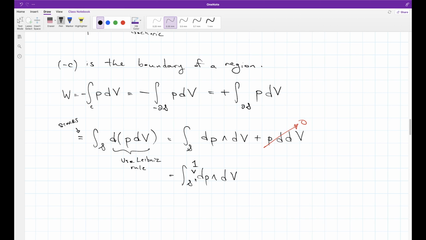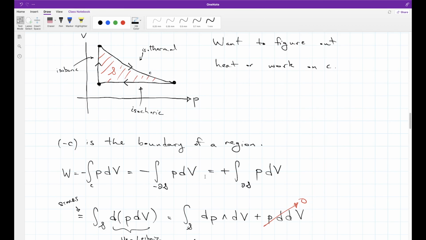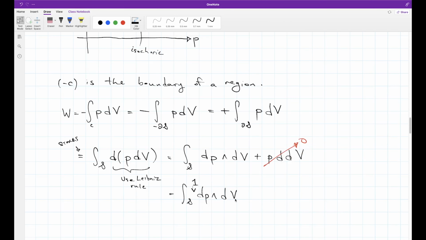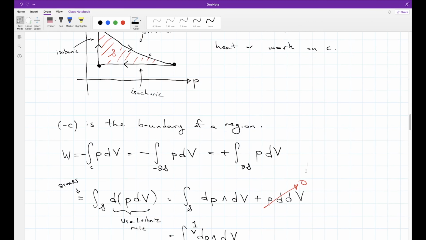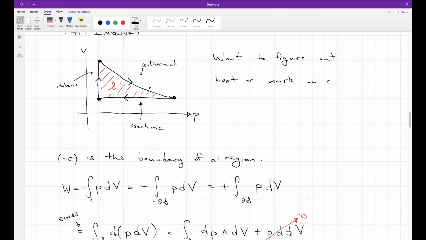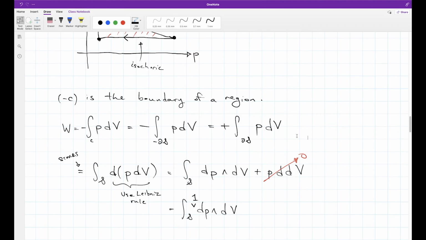We know that if we have a function times dP wedge dV and a surface that's bounded in those two coordinates and with all other coordinates fixed, so in this case N is the other coordinate and it's fixed, then we're golden. We can just evaluate this as the integral on the inside of this region.